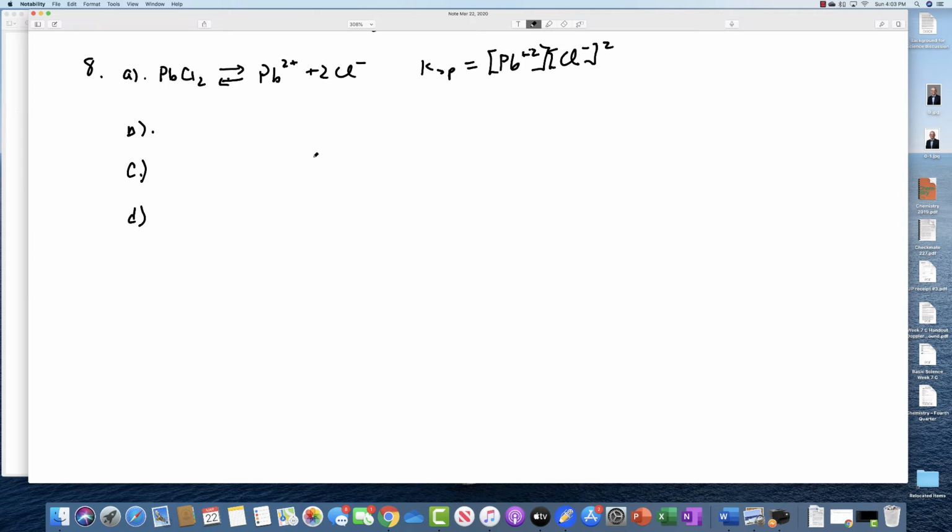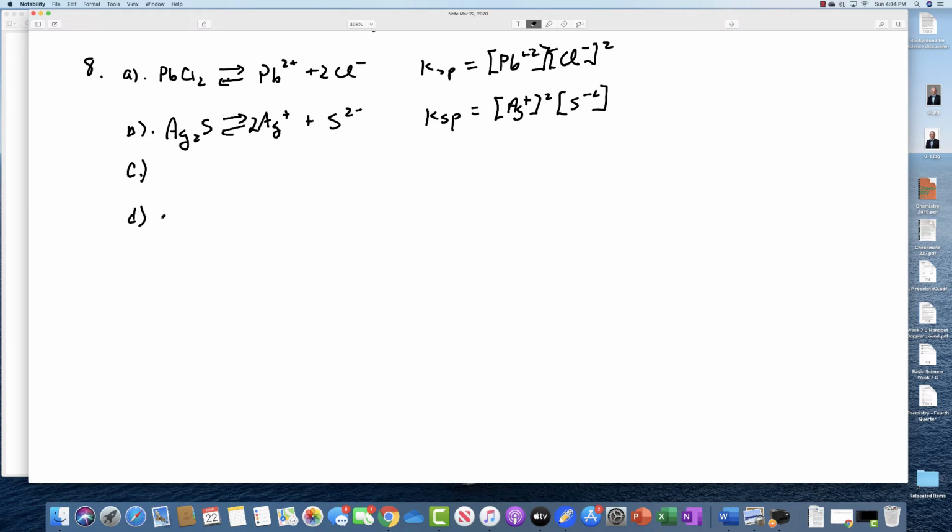B is silver sulfide. Silver sulfide decomposes to form 2 silver ions plus a sulfide ion. The KSP is expressed as silver ion concentration squared times the sulfide ion concentration.